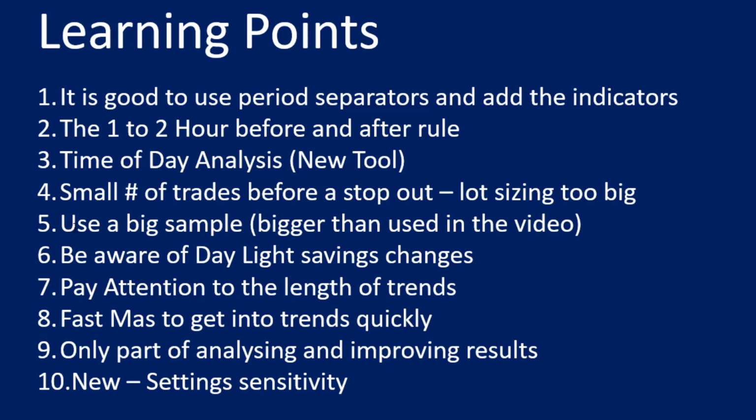Then just a reminder to you is I only used a sample of 3 trades to show you, because I wanted to show you the procedure and the methodology, but you should be doing this on bigger samples, for instance 5 or even 10 days. Do them on bigger samples. Your time of day conclusions might change from doing a bigger sample, and you might get a lot more confirmation that your time of day settings are right.